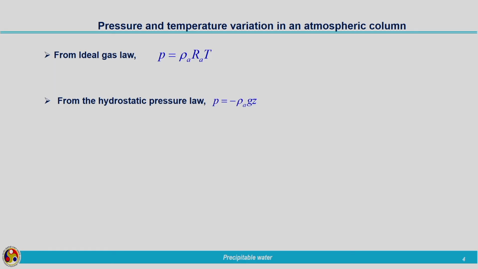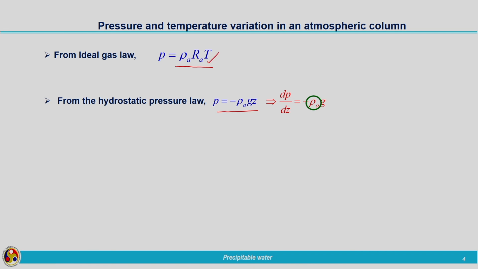Now, we have the relationships related to pressure and also temperature. From the ideal gas law we have P is equal to rho A RA T, this is just repetition from the previous slide, and from the hydrostatic pressure law we have P is equal to minus rho A g z, and we have found dP by dz to be minus rho A g. Here we have rho A, the density of moist air, in both expressions.